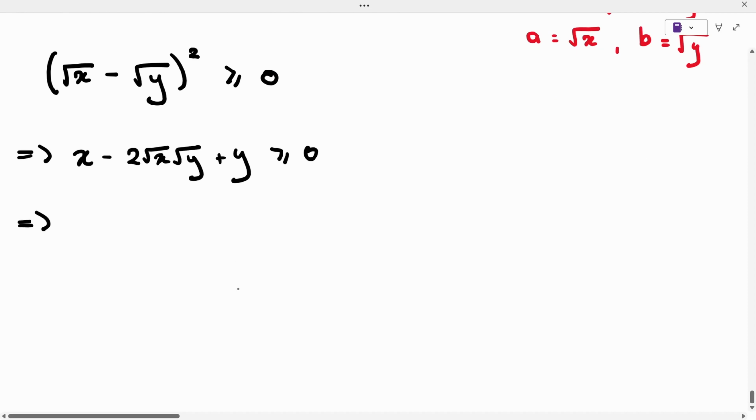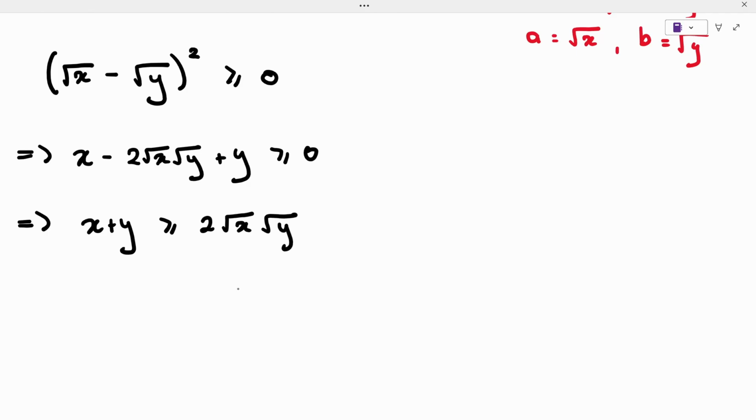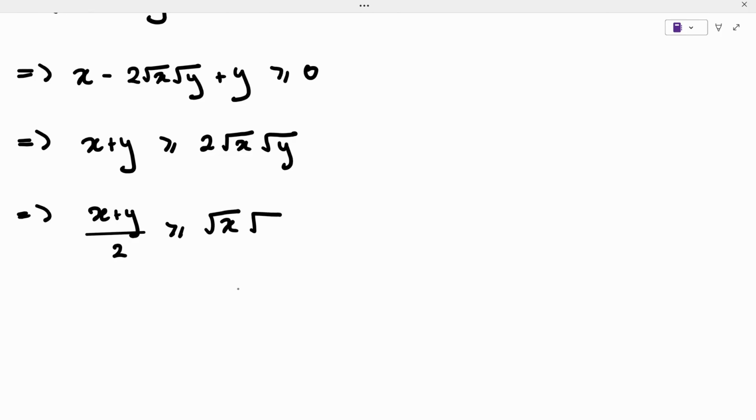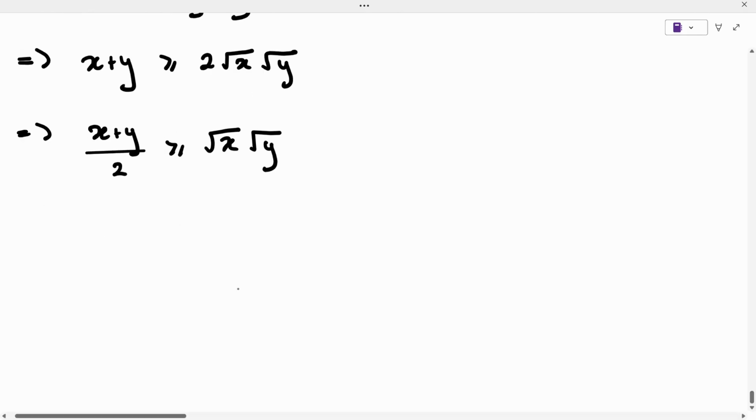Which implies that x plus y is greater than or equal to 2 root x root y, which implies (x plus y)/2 is greater than or equal to root x root y.